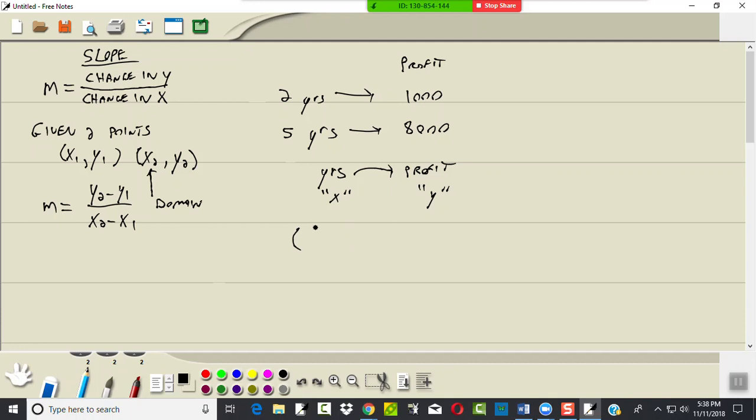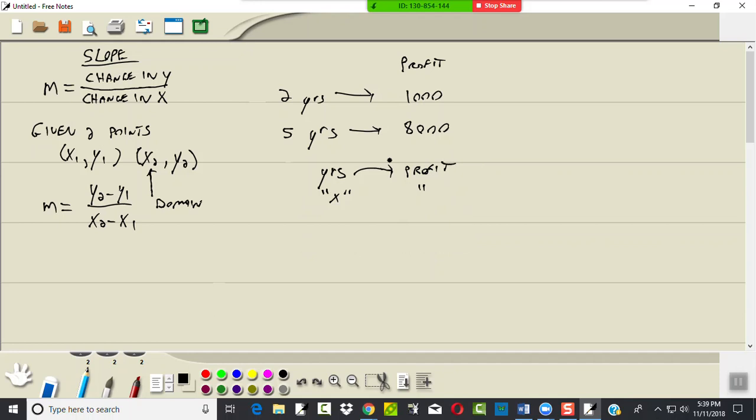So when I do my points here, number of years, 2, comma, profit, which is 1,000. That's our first point. Our second point would be 5, and then 8,000. Versus 1,000, comma 2, or 8,000, comma 5. You have to think which one drives which. And that's not always the easiest thing. Sometimes I struggle in figuring out which one drives which.